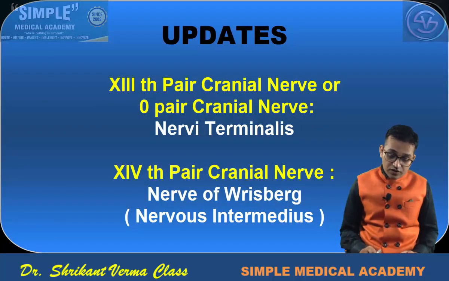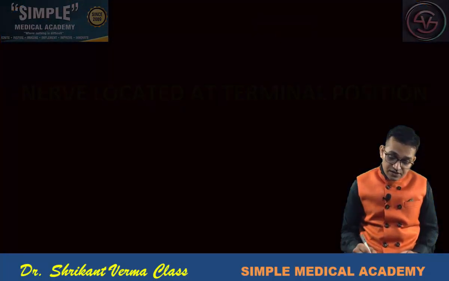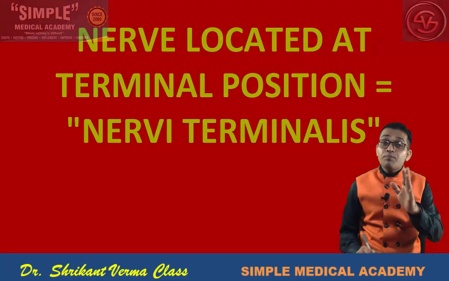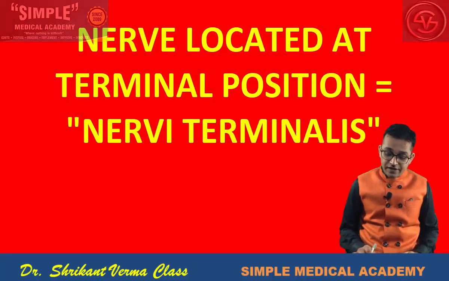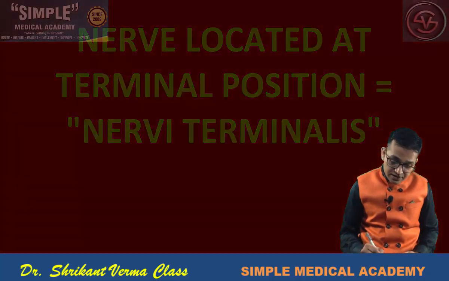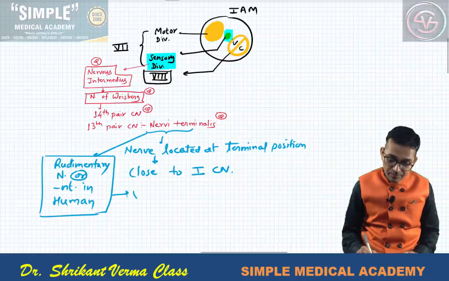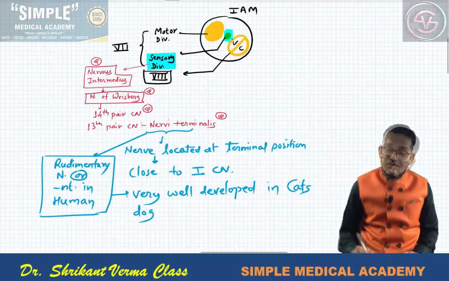Which is considered as the 13th pair cranial nerve? Answer is nervi terminalis. What is the nervi terminalis? Yes, it is one nerve which is located at terminal position. Terminal position means it is very close to the first cranial nerve, olfactory nerve. Actually, this nervi terminalis is a rudimentary nerve or absent in human, but very well developed in cat and dog.